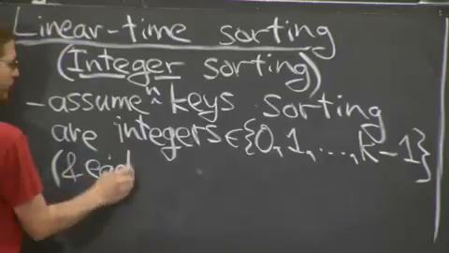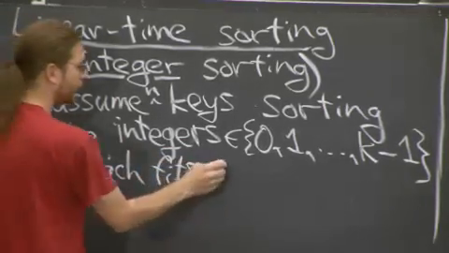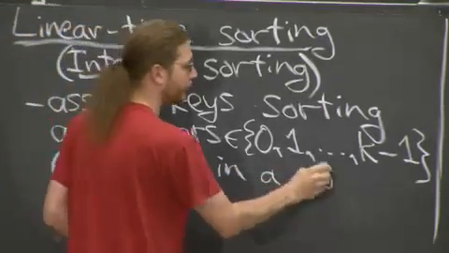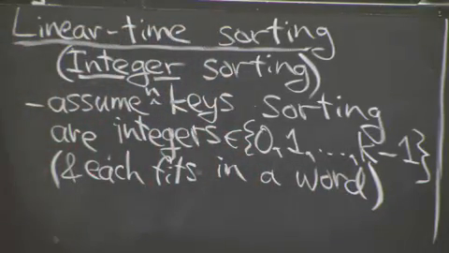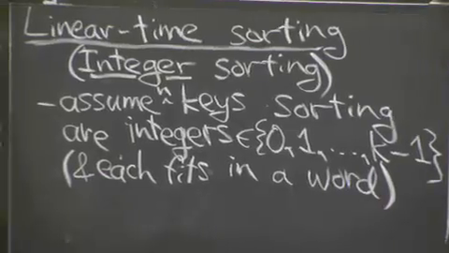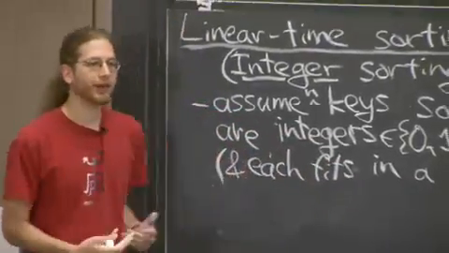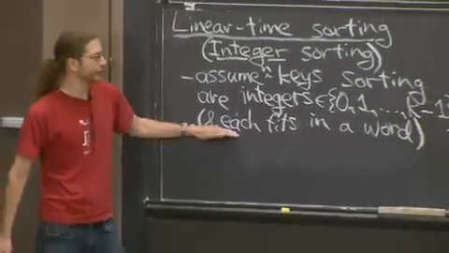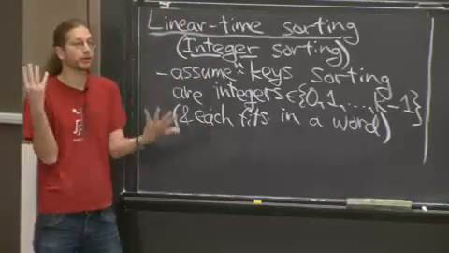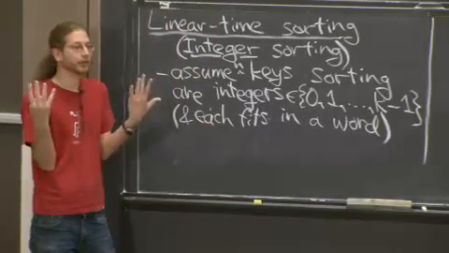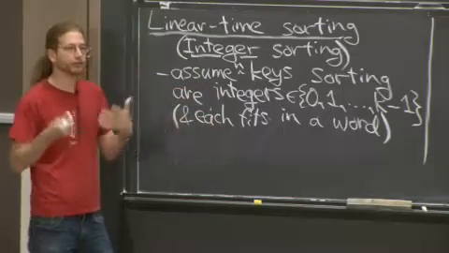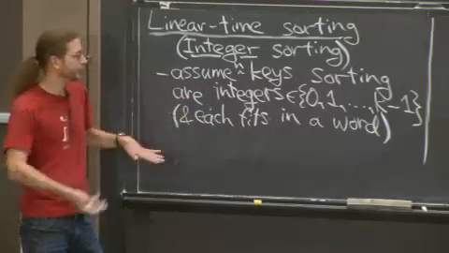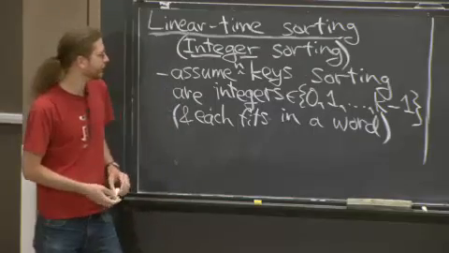And just for completeness, each fits in a word. Remember the machine word of your RAM machine? Words were the things that we could manipulate in constant time. Now, this is a very reasonable assumption because we've been assuming so far you can compare two items in constant time. To get that for integers, you need to assume that your integers fit in words. We usually don't state this assumption, but I thought I'd throw it in just for kicks.